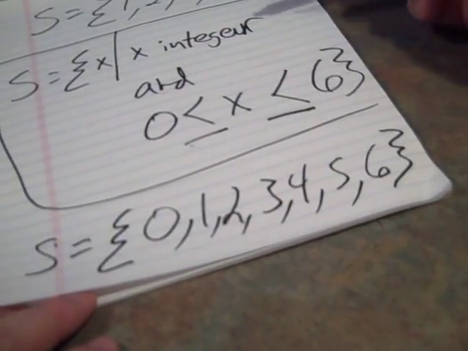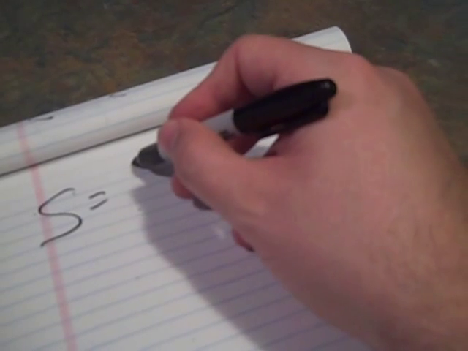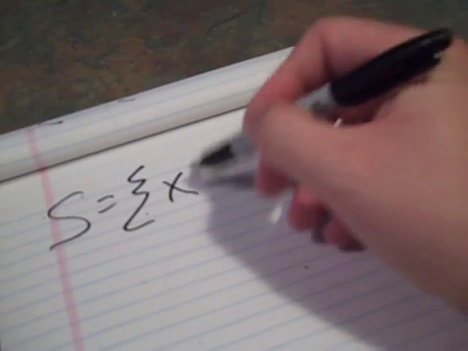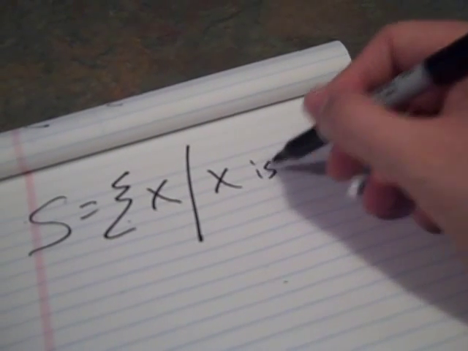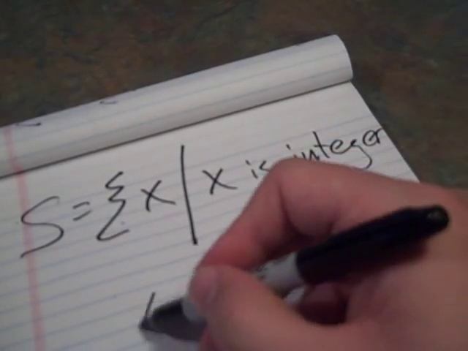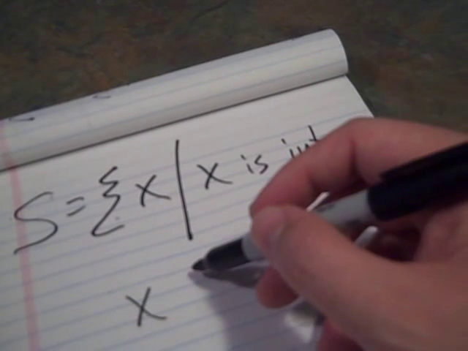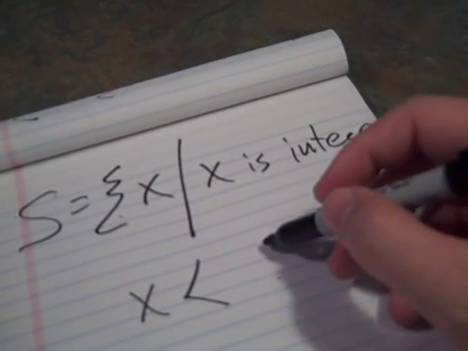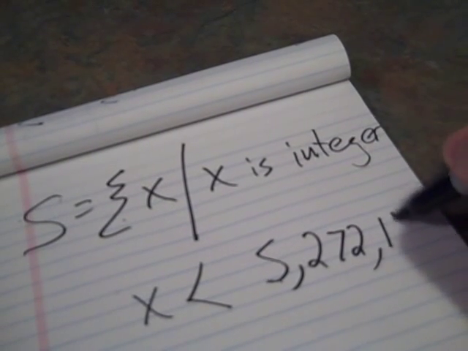But it's important to be able to write it like this, because what if you wanted to write S as the set of numbers x such that x is an integer and x is less than 5,272,115.